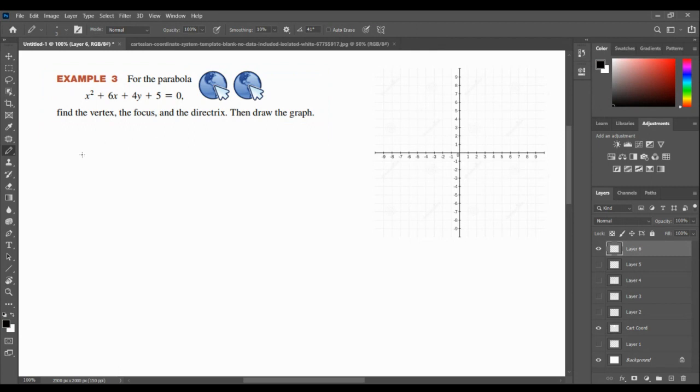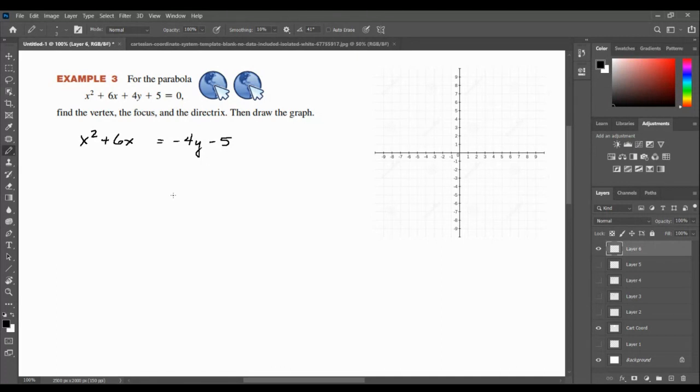So what I'm going to do is isolate the y terms and the constant, because I need to complete the square. So I'll keep this x^2 + 6x here. I'll leave some space and move the y and the constant to the other side.